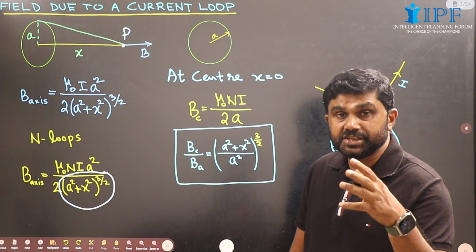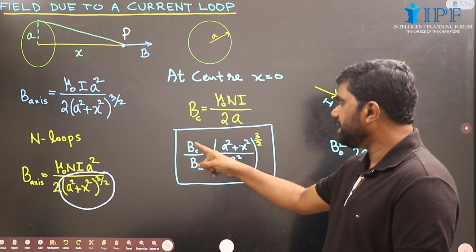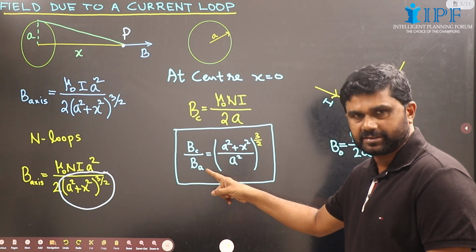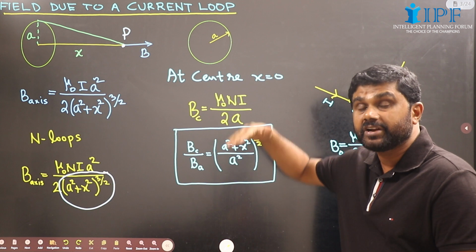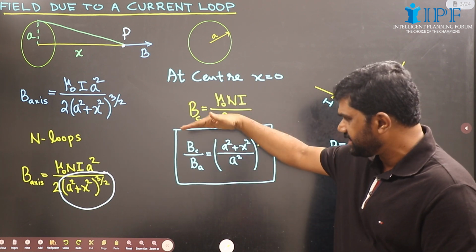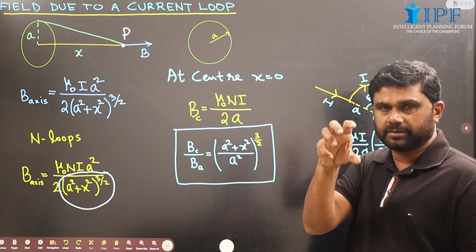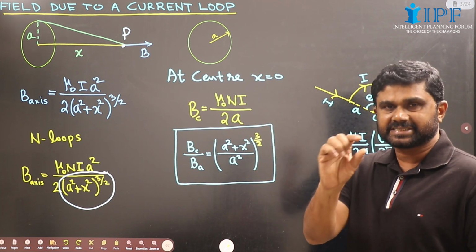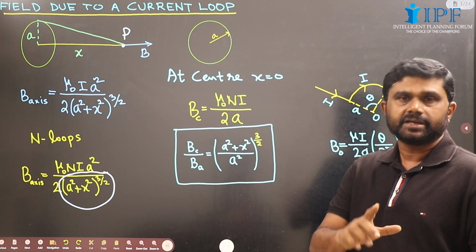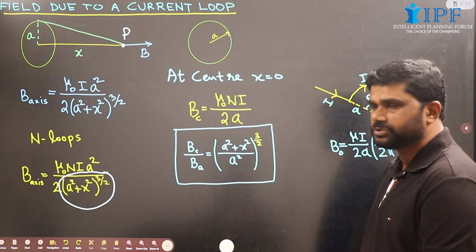So the magnetic field intensity at the center divided by that on the axis, as it is inversely proportional, will be on the right side axis by center. On the axis x is non-zero, and at the center it is equal to 0, so it will be (a square plus x square) whole raised to 3 by 2 divided by a cube.